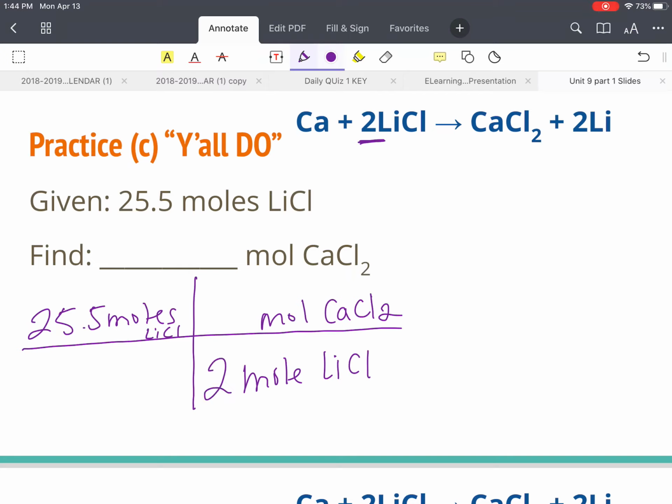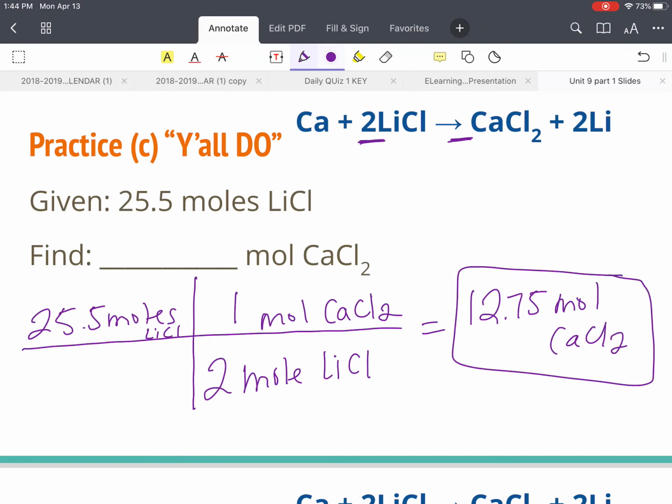What number's in front of lithium chloride? A 2. What number's in front of calcium chloride? A 1. This time I'm going to have to type it in my calculator or do it in my head, because these aren't going to cancel out like they have in previous ones. When I type that in my calculator, I get 12.75 moles of calcium chloride. Okay.